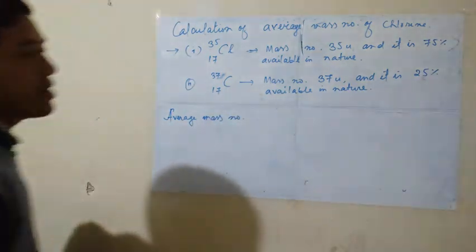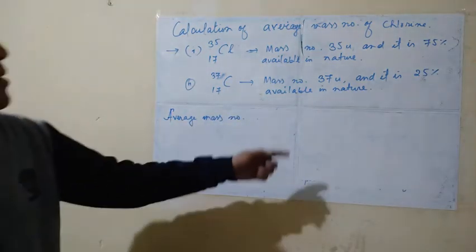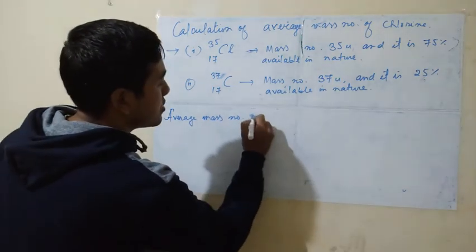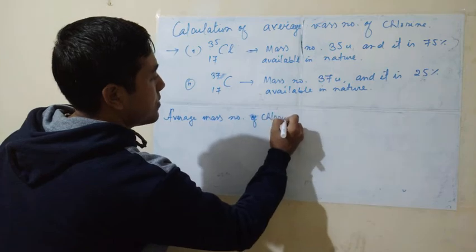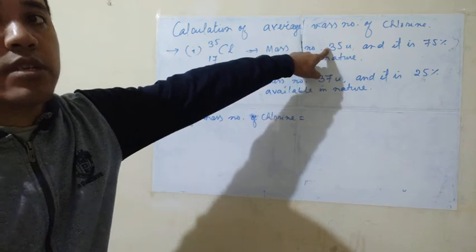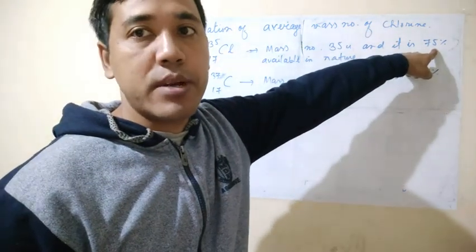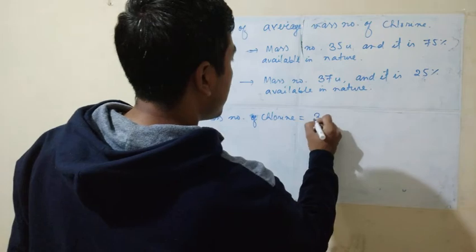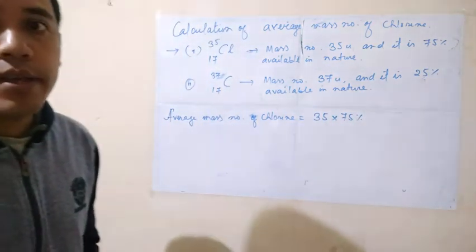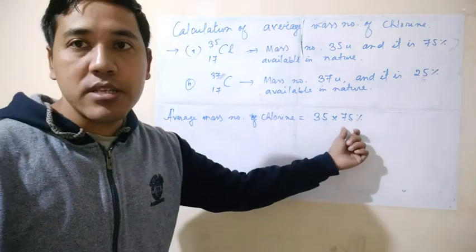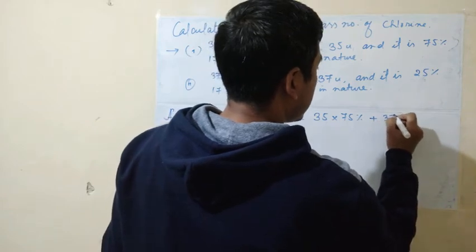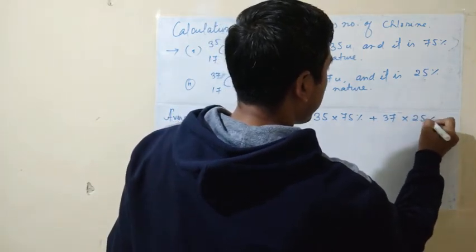Now we need to calculate the average mass number. Now look here. Average mass number of chlorine is equal to this 35 unit contributes how many percent? 75%. That is 35 into 75%, plus 37 into 25%.